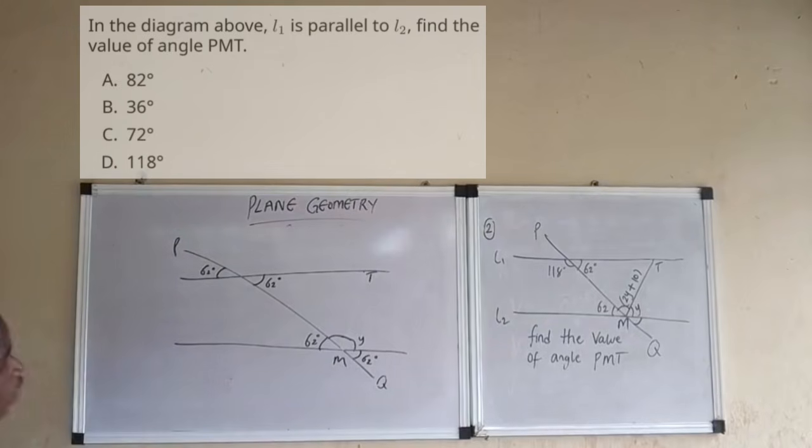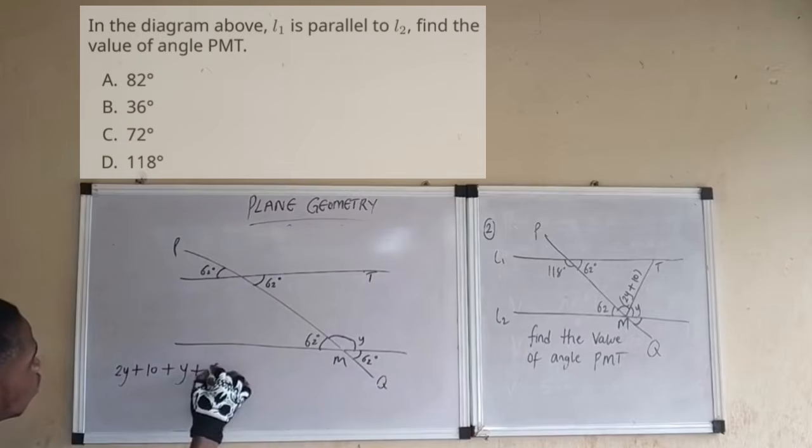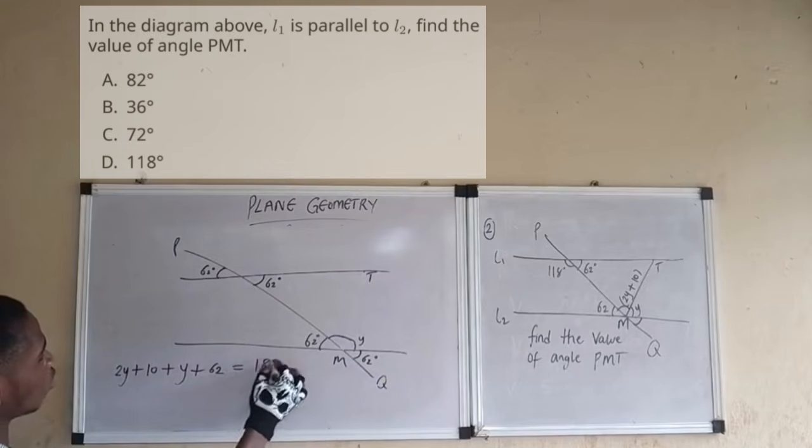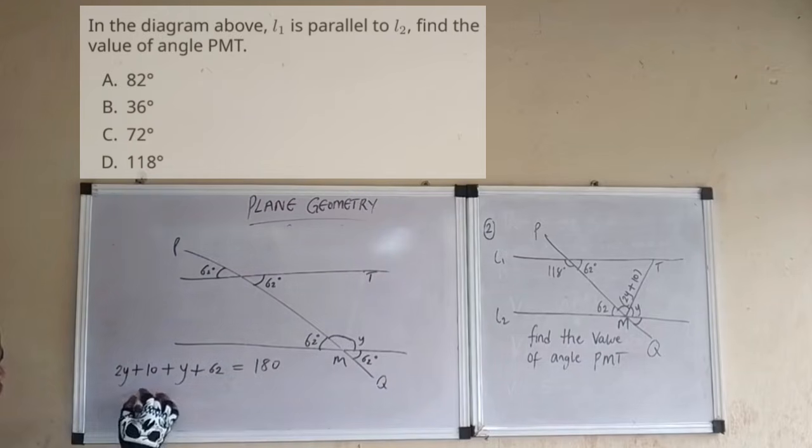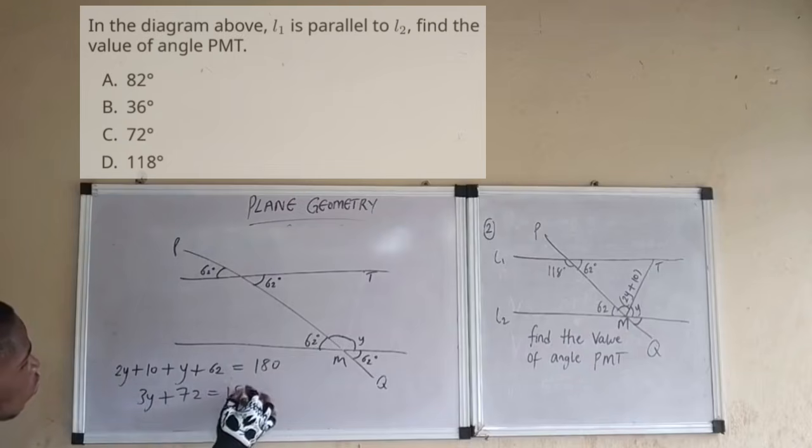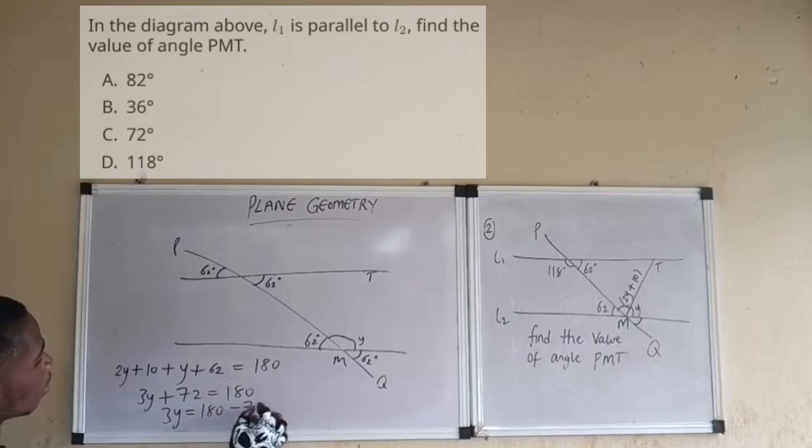Do you understand? So it means that 2y plus 10 plus y plus this angle 62 should give us 180 degrees. So this is 3y plus 72 equals 180. Now, if we simplify further, we have 3y equals 180 minus 72.